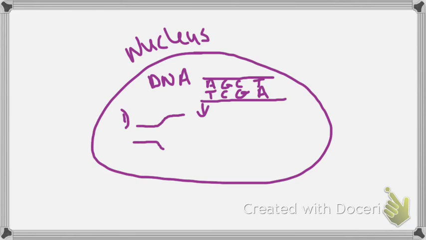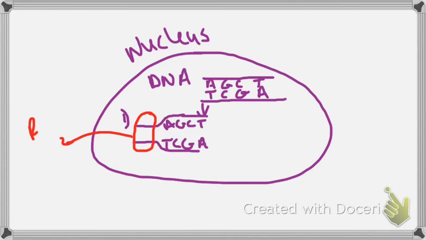So it's getting unzipped, and so we have A, G, C, T, T, C, G, A. Our enzyme that's going to be doing transcription is RNA polymerase.